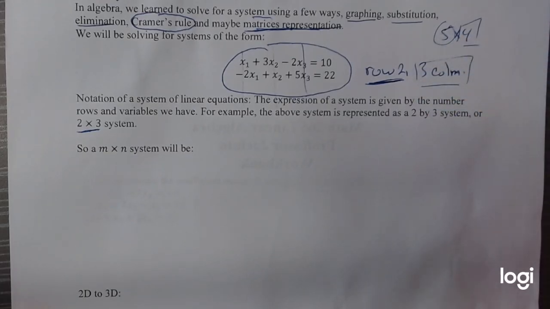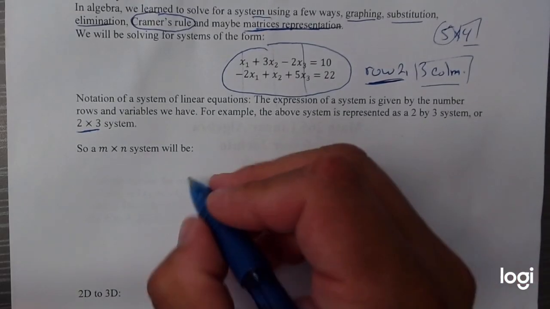So in general, if we have an n by m system, it's going to look like this.